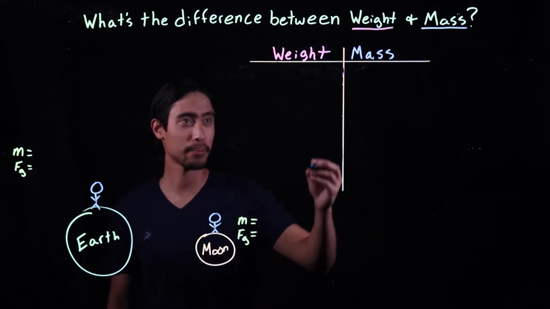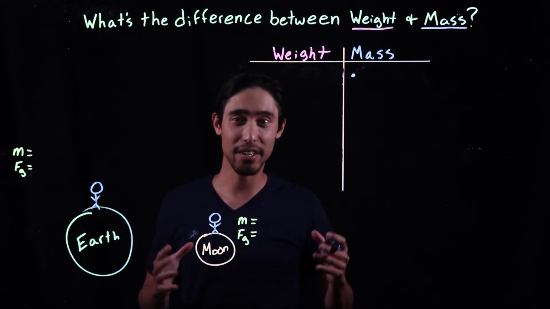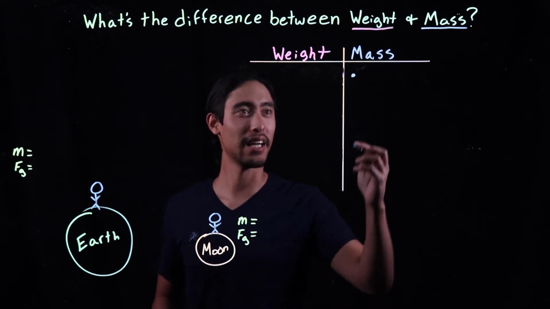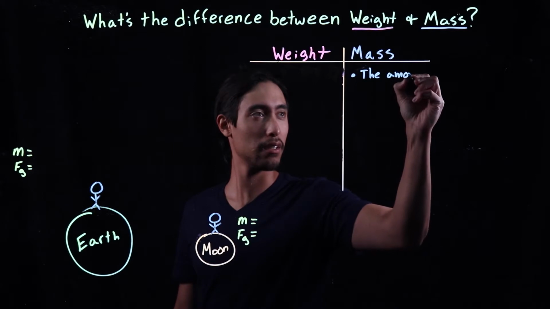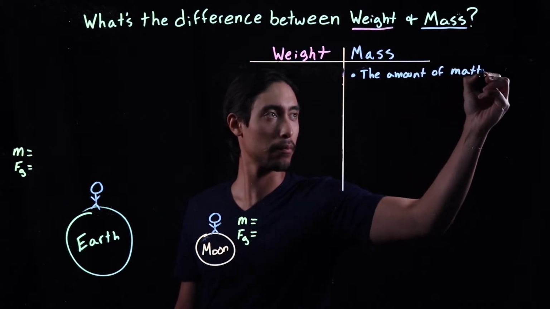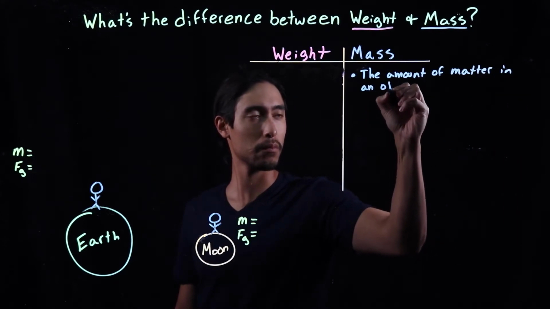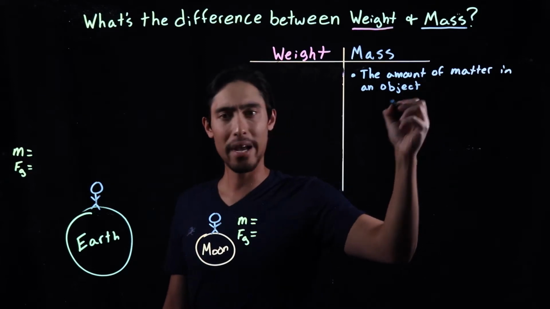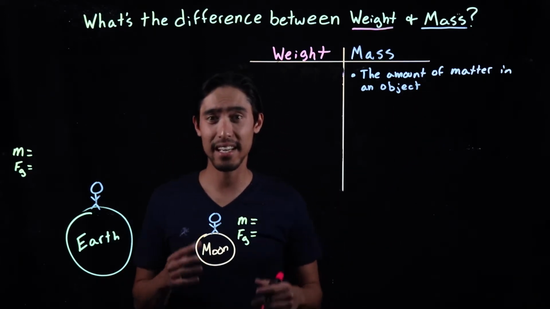Let's start with mass. Mass is the amount of matter in an object, or the amount of stuff in an object. And weight, on the other hand, has to do with mass, but more importantly, it's a force.